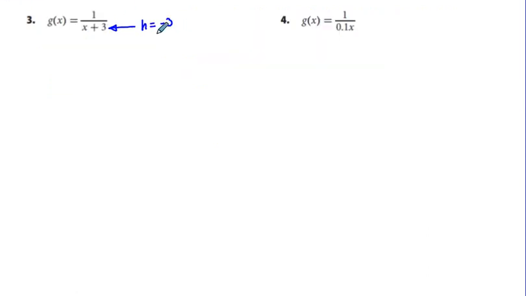And so g(x) is f(x) equals 1 over x translated three units to the left.